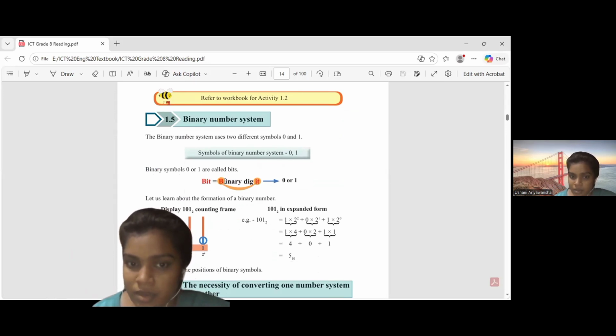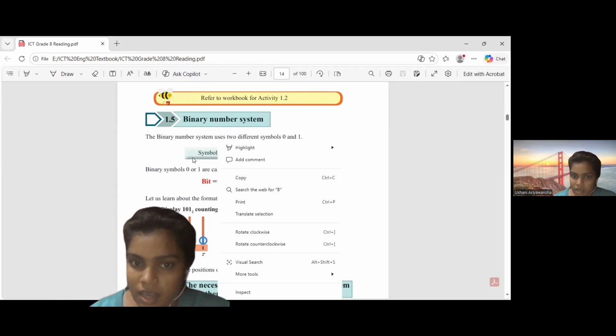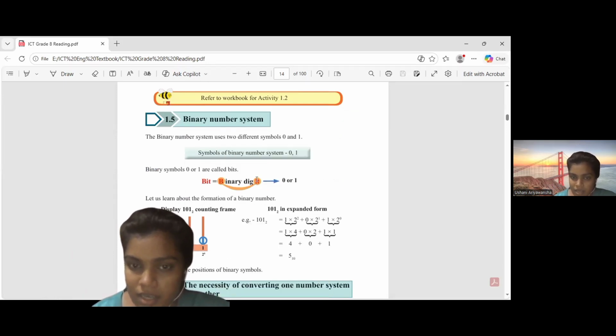B from binary, it from digit. Bit. So, 0 and 1 are bits.